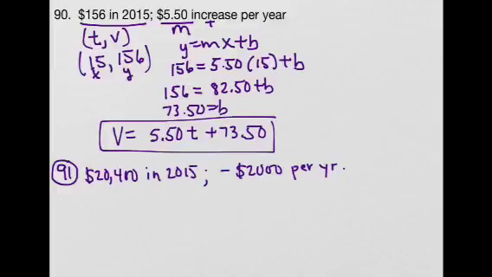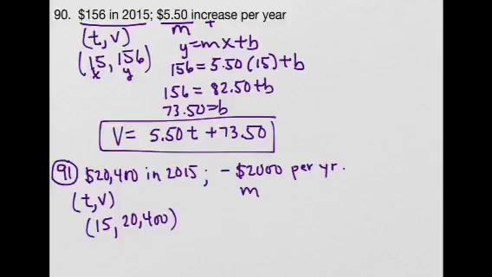Okay, so we have the same thing where they want V in terms of T, so the ordered pair would be TV. The year is 15, the value is 20,400, and then the slope is negative 2,000.